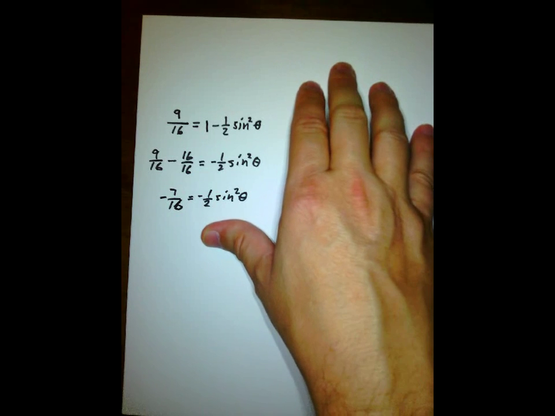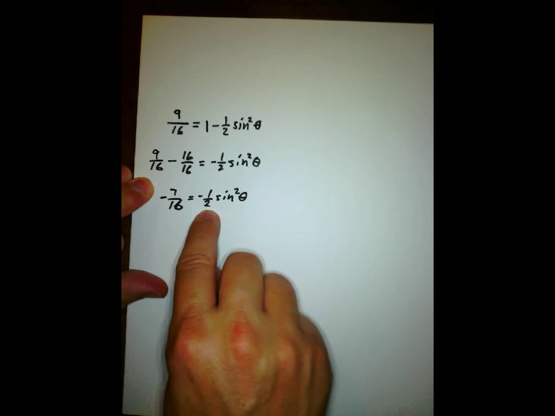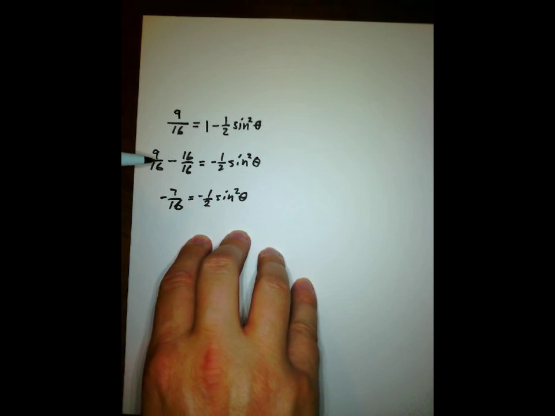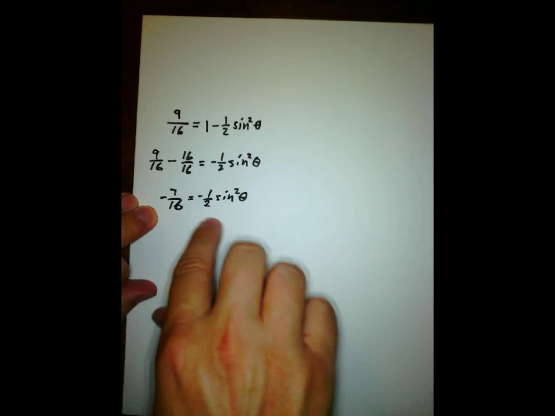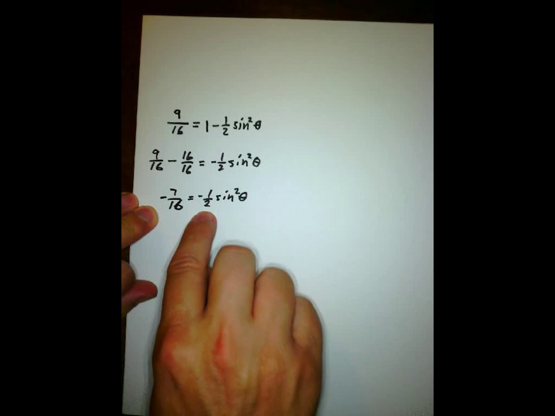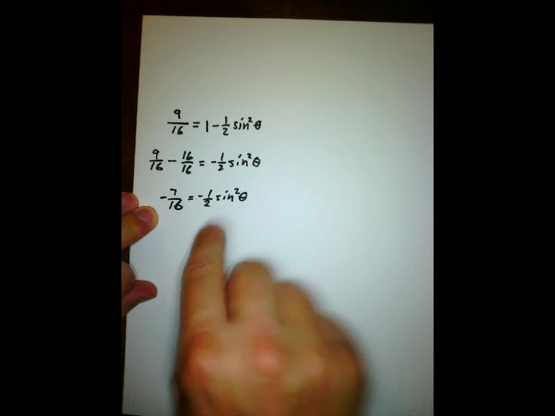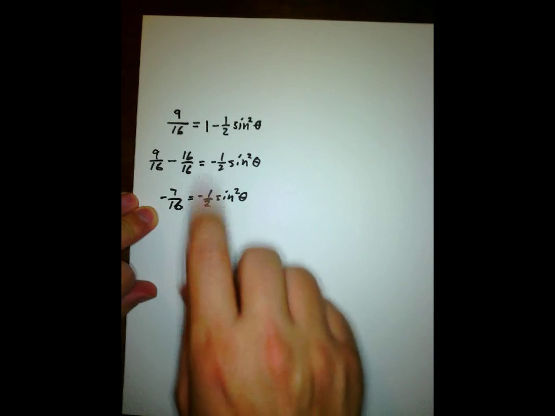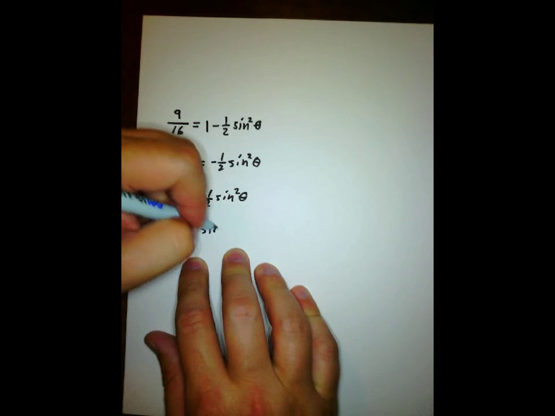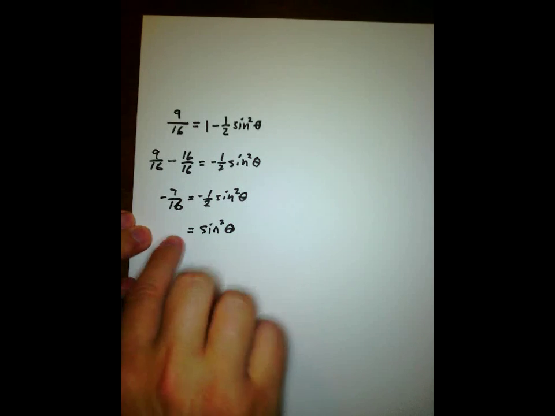Alright, and I'm going to multiply both sides by a negative 2, not a negative 1/2. Sorry, I said that. So if I do negative 1/2 times negative 2, that becomes a positive 1. So I'm left with sine squared theta.